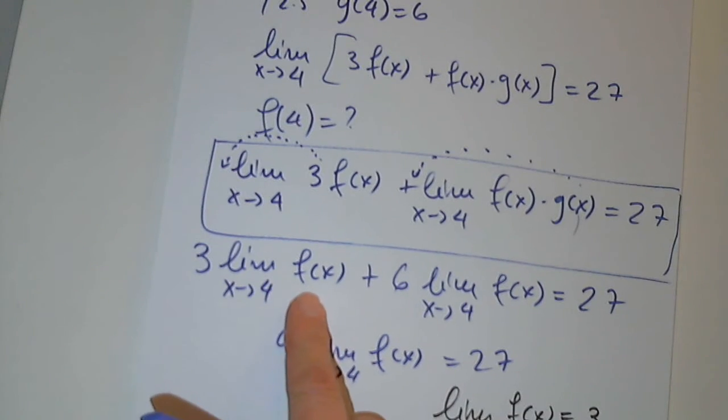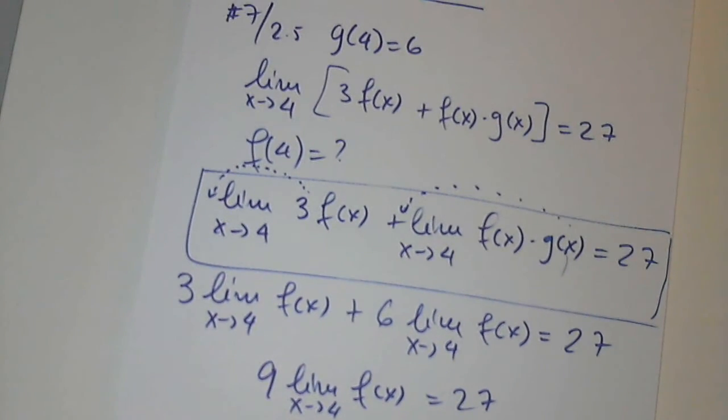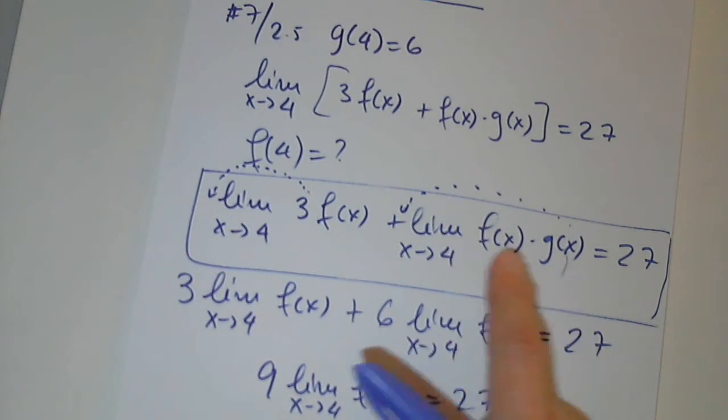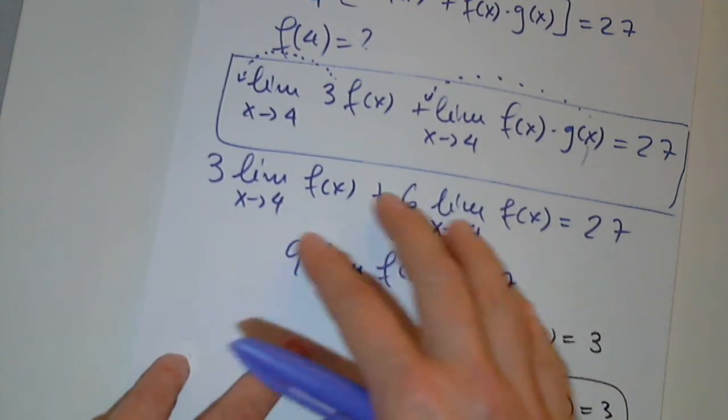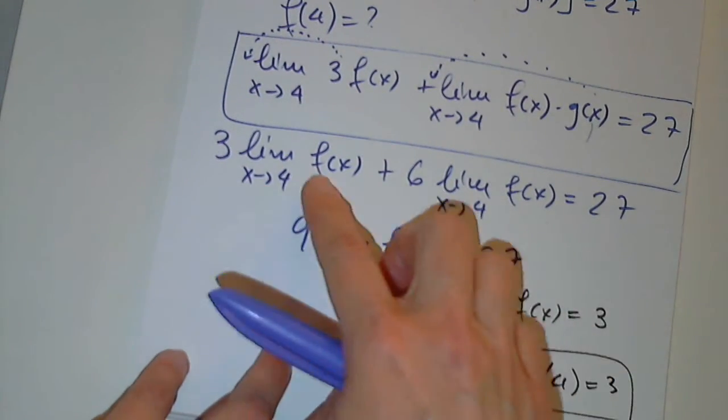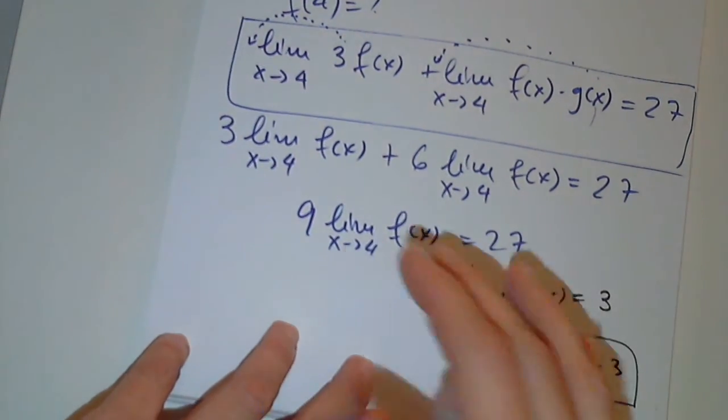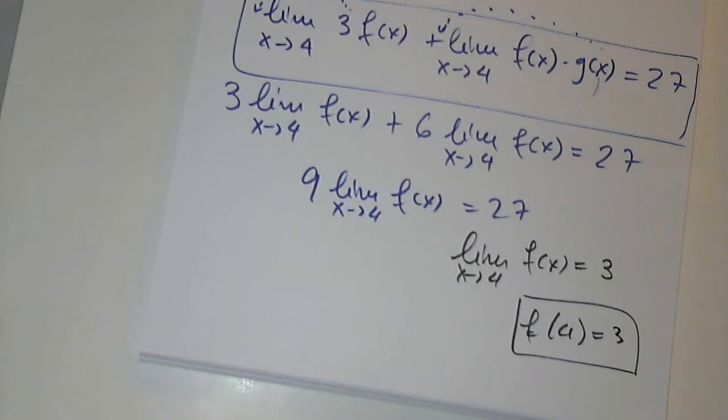So this is 3 times the limit of f of x as x approaches 4. And here I know g of 4 is 6, so I did the same thing. I combined like terms and got 9. 3 apples plus 6 apples is 9 apples, and I divided by 9, I got this, and that must be f of 4, since the functions are continuous.